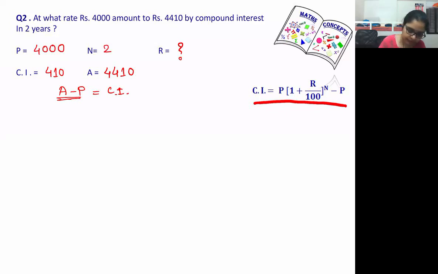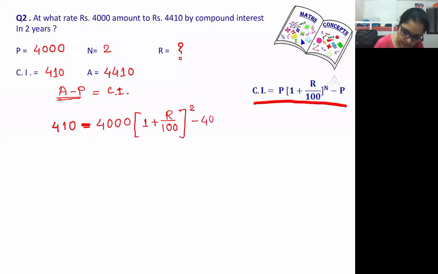I'll solve it first, okay? 410 equal to, I'll just write down the values in the formula, 4,000 into 1 plus r upon 100 raised to 2 minus 4,000.